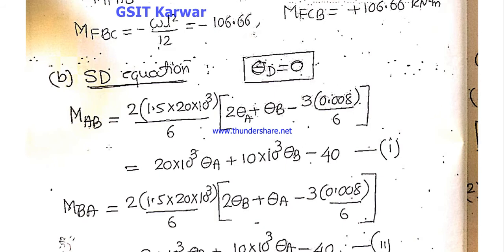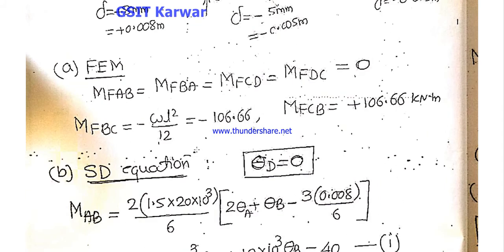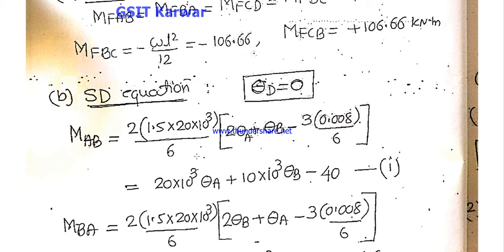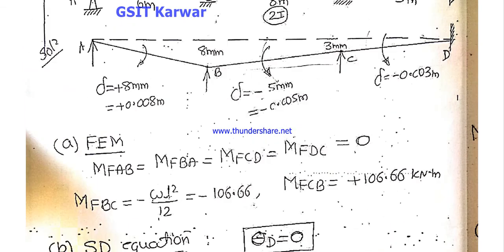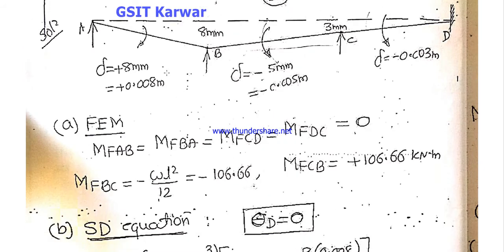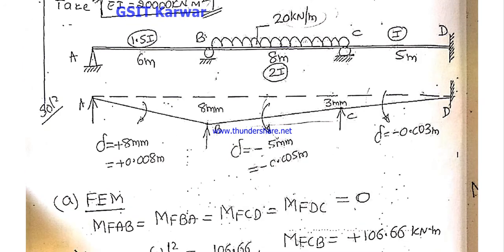After that, by using the slope deflection equation, you can calculate moment AB. Here I directly substituted. You can observe 2EI. In the place of EI, you should substitute the given EI value and also the given I value.